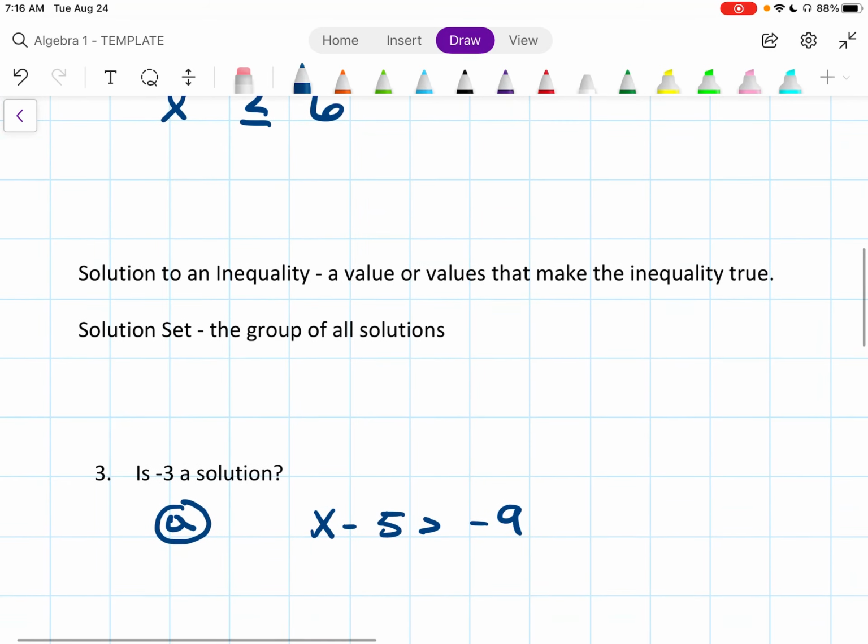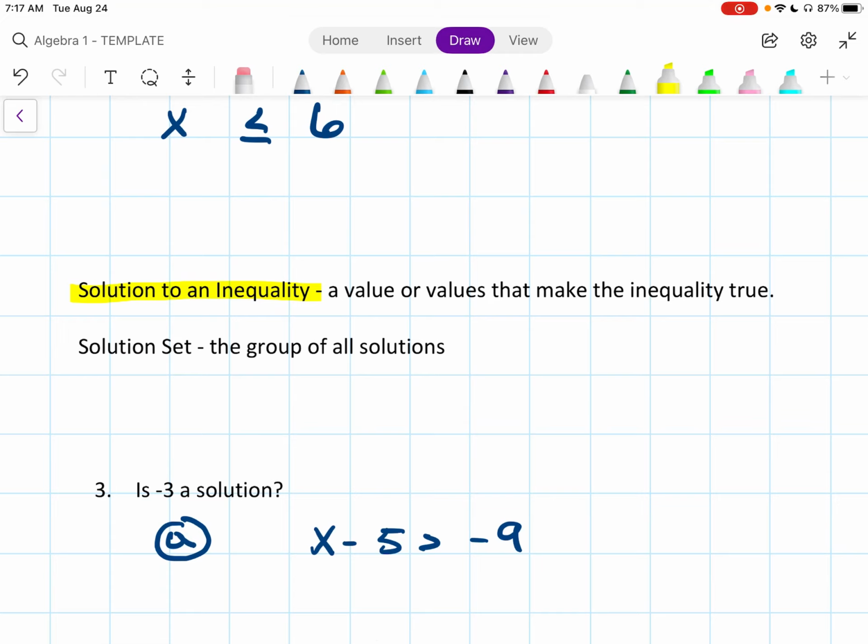All right, a solution to an inequality. A value or values that make the inequality true, right? We have solutions to regular math problems with an equal sign, right? We have our x equals blah. Here we have that same thing. A solution set is the group of all solutions.